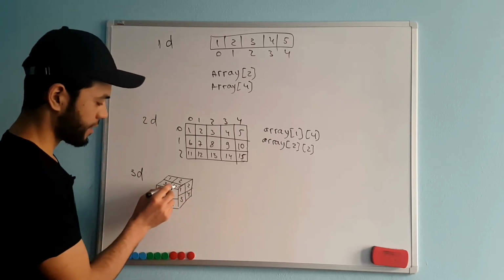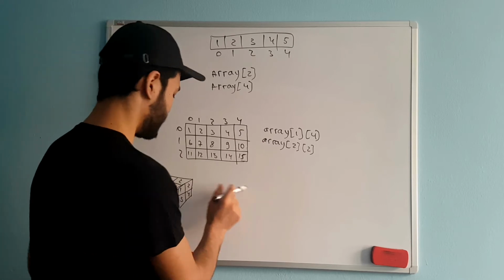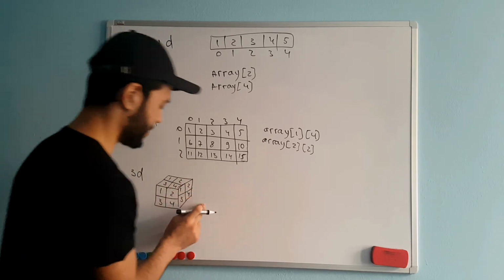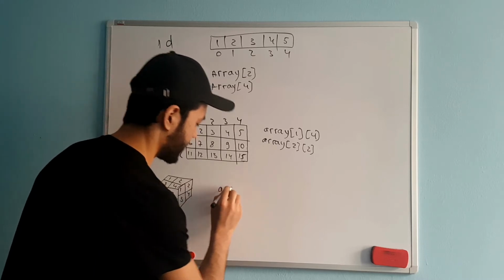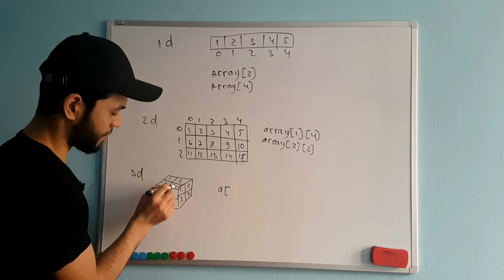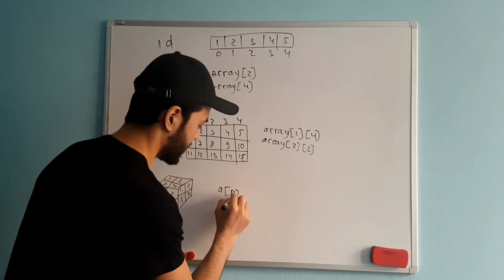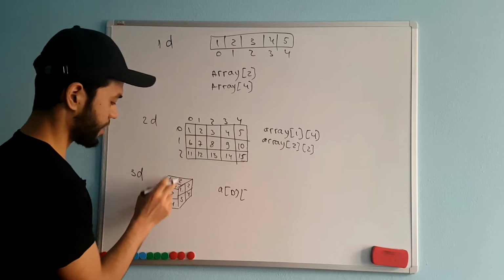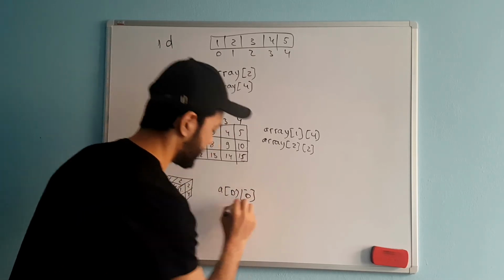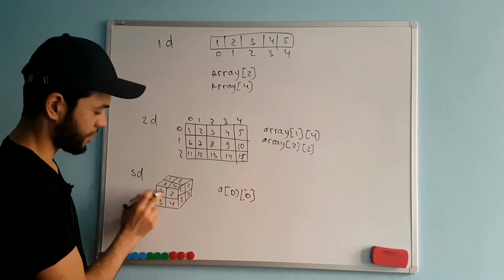If you're going to access the number 4 from this 3D array, firstly, we look here at the array, which is index 1. Then we look at the row at the top, which is 0, and then the index here, which is 1.